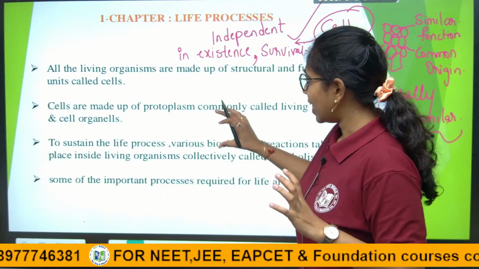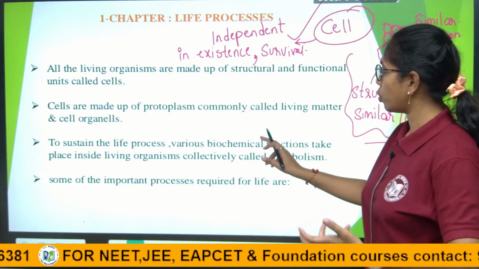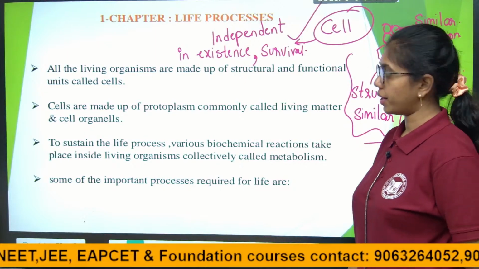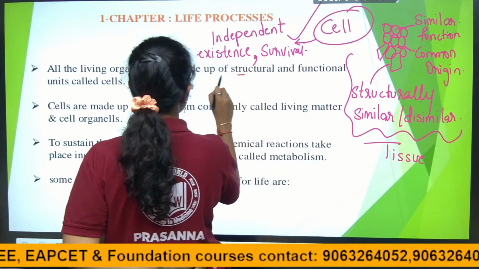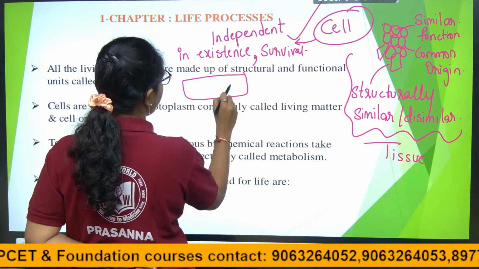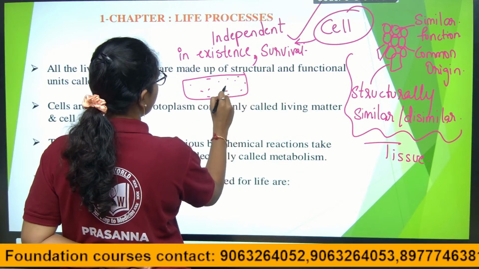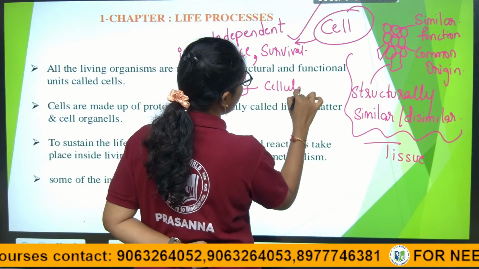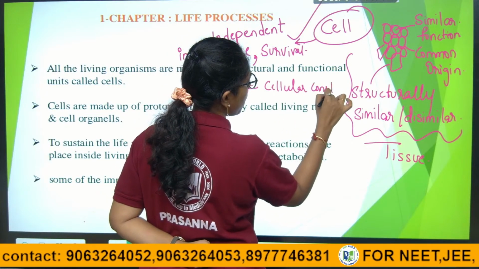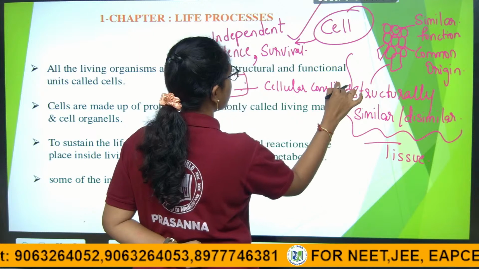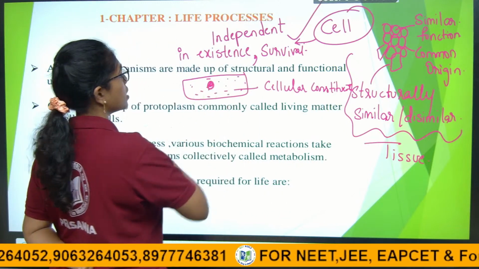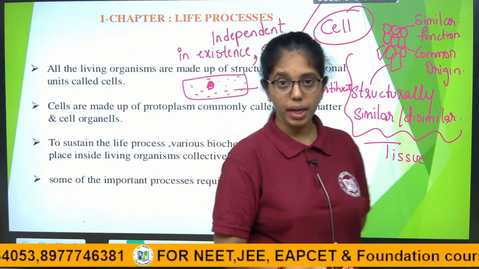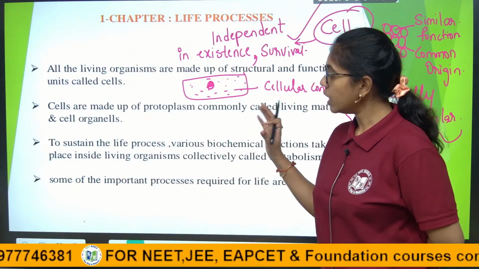Cells are made up of protoplasm, commonly called living matter, and cell organelles. A cell is basically composed of a cell membrane and protoplasm, which includes cell organelles or cellular constituents, and inside it there is a nucleus and cytoplasm.